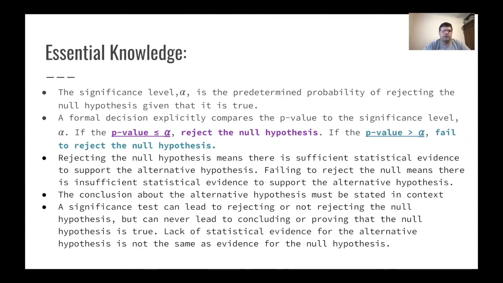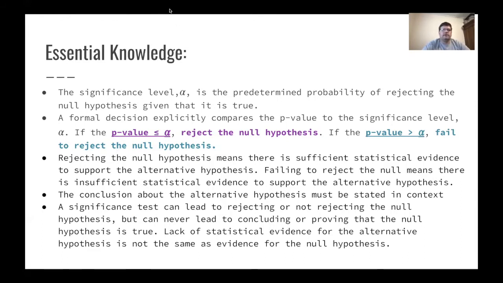Then we're going to get a p-value, and compare the probability from our sample, our experiment or whatever, to that alpha, that threshold, that significance level. If our p-value is less than alpha, we will reject the null. If the p-value is larger, we fail to reject the null.